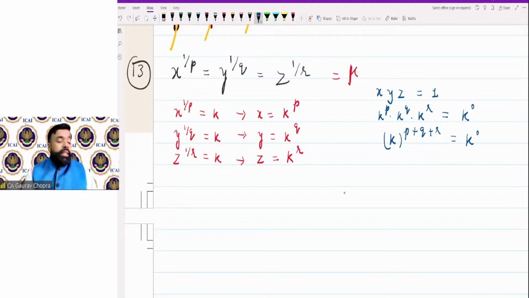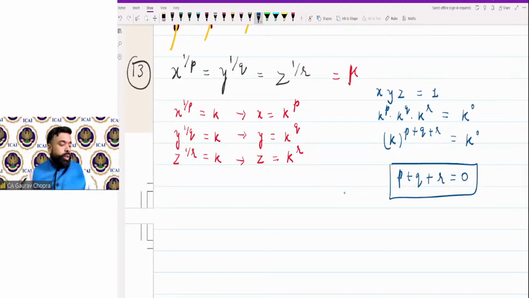Now base is equal on both the sides, then power will also be equal. So p plus q plus r is equal to 0. So this is your answer.